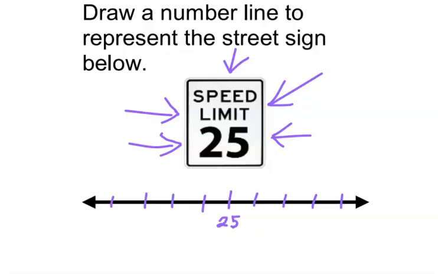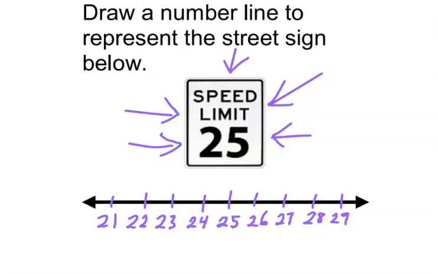We'll make this 26, 27, 28, 29. I could have done 30, 35, 40, but you can make it whatever intervals you want. I'm going to count backwards here: 24, 23, 22, 21.